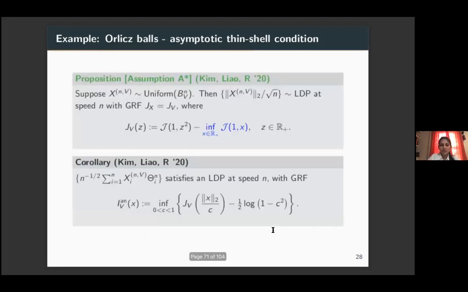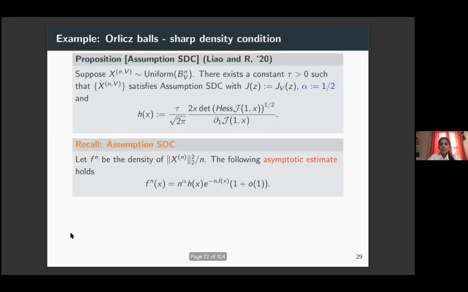But that's just a comment. And by a corollary of this, because we said that the asymptotic thin shell condition holds, we also have that the projections satisfy some LDP. Okay, but that's one. But then we wanted to prove the sharp density condition.